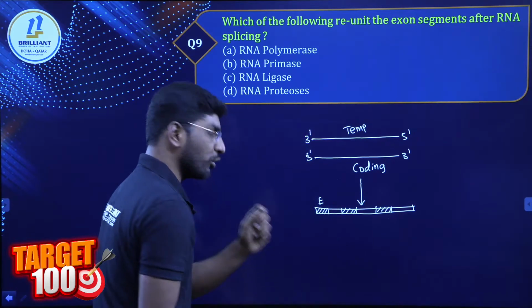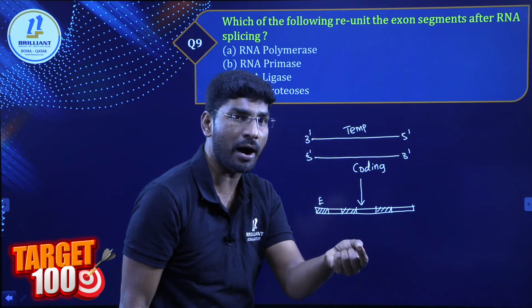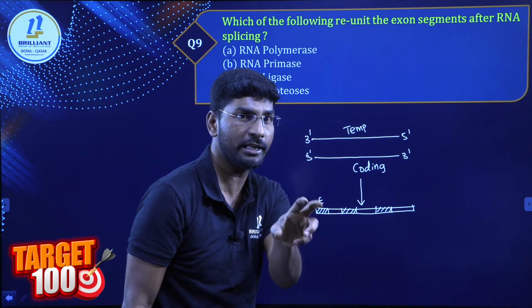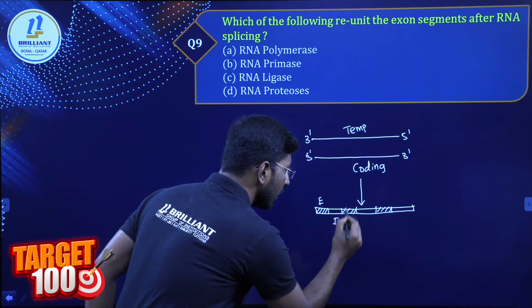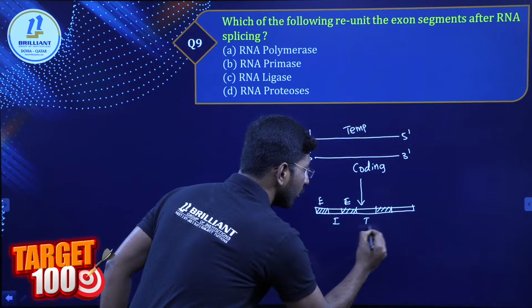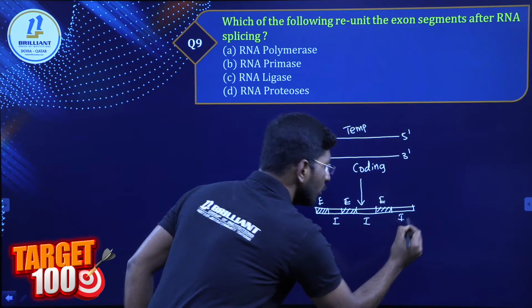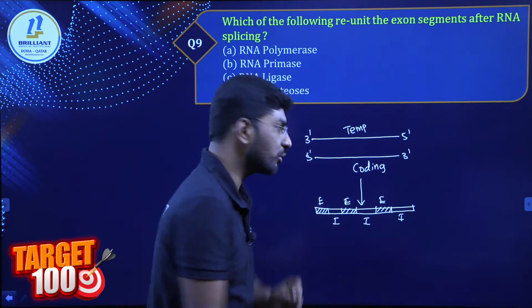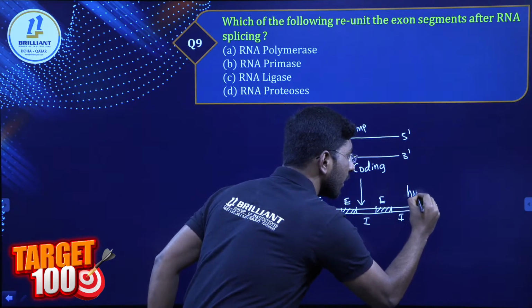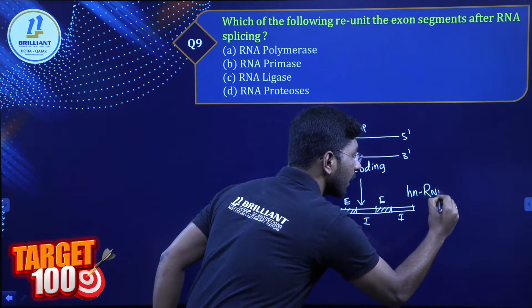I am writing E, exon. Exon is the coding part, which is essential and participates in polypeptide formation. This one is called intron. This is again exon, intron, exon, intron. So when exons and introns are present, this type of structure is called hnRNA.